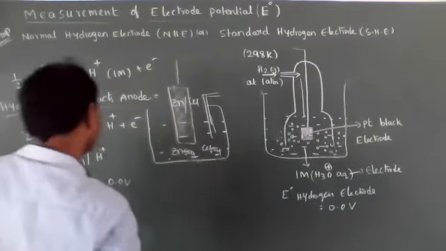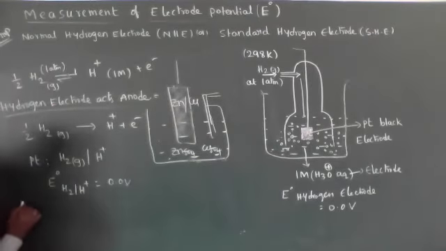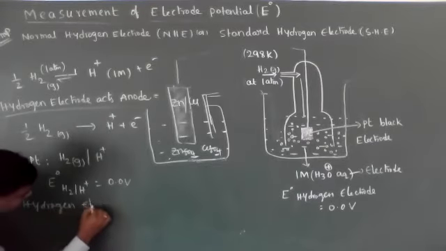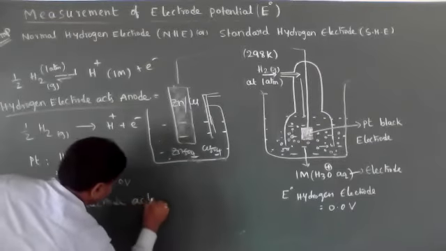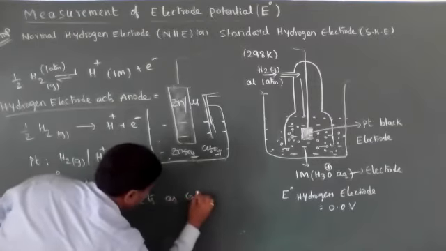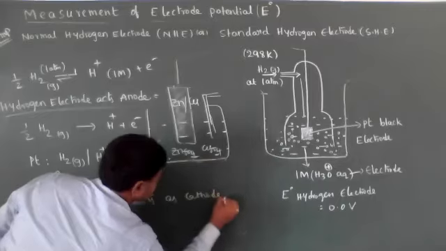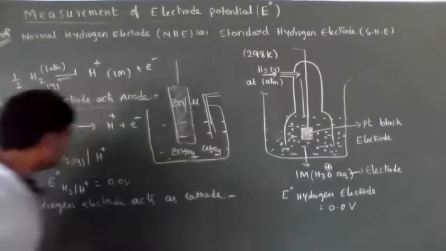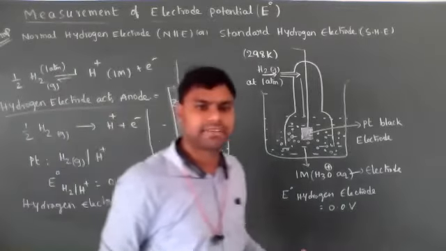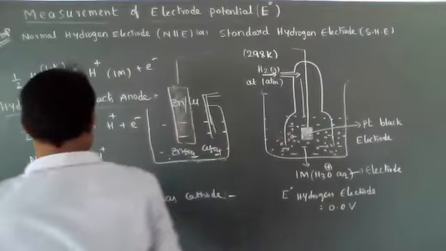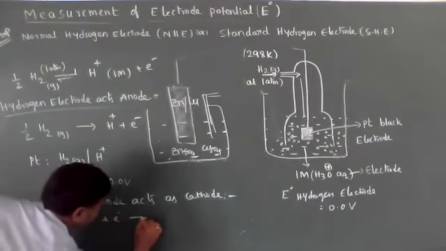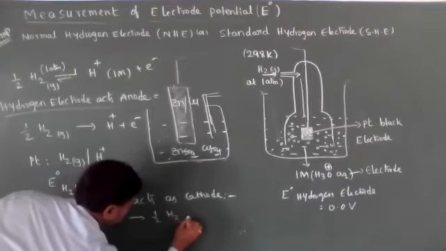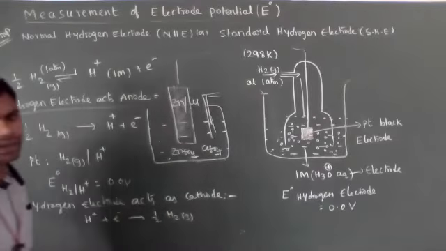If the hydrogen electrode acts as a cathode, then at the cathode what happens? Reduction will take place. Reduction means H+ ions accept 1 electron, then convert into half H2 gas. This is called the reduction half reaction.